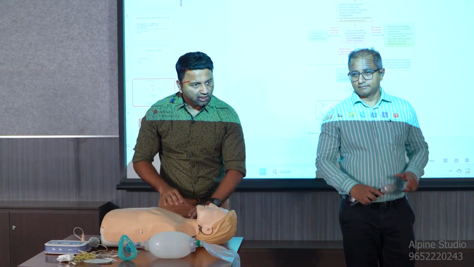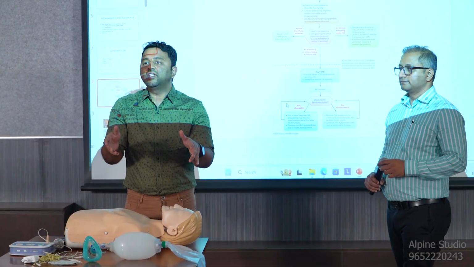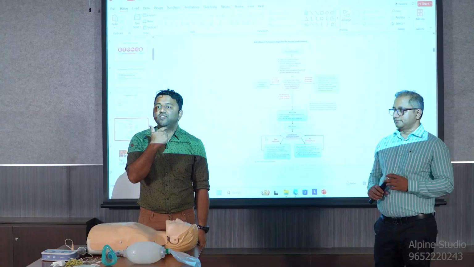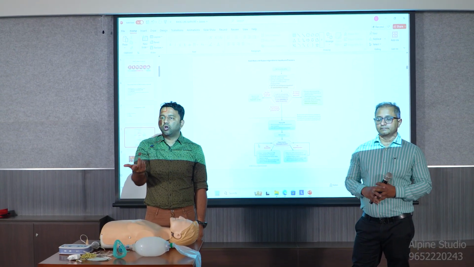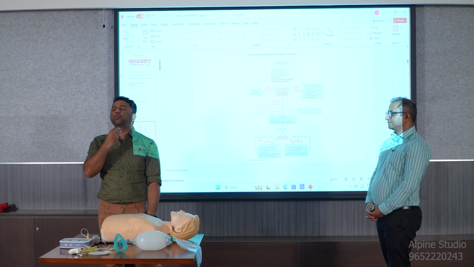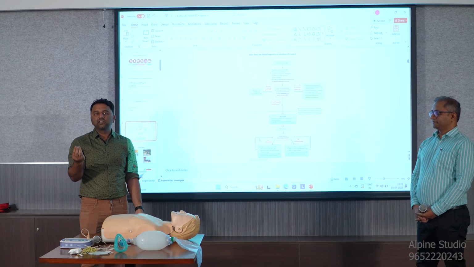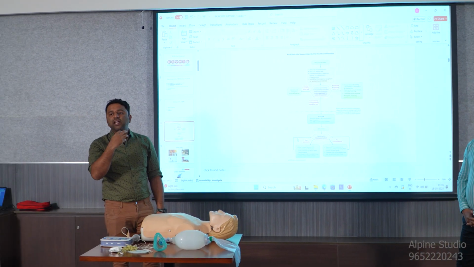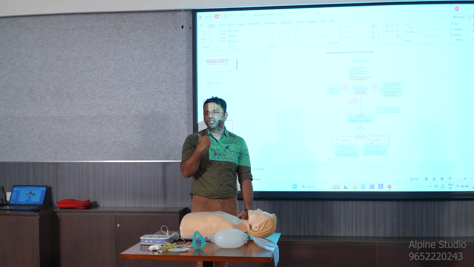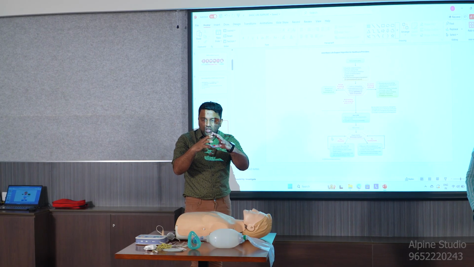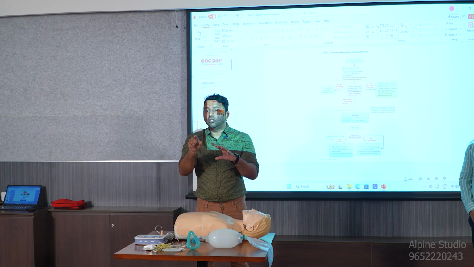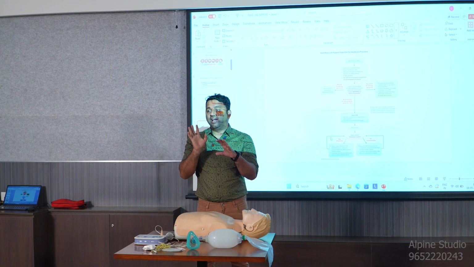The pulse is there, you're checking. And one good thing you have to do is open the mouth and see whether there's any obstruction. Sometimes in children or adults, some choking might happen. Some food particles or something is there in the throat that has choked him, so he is not receiving the oxygen. So you can open the mouth, but what you must not do is try to take it out with the hand.